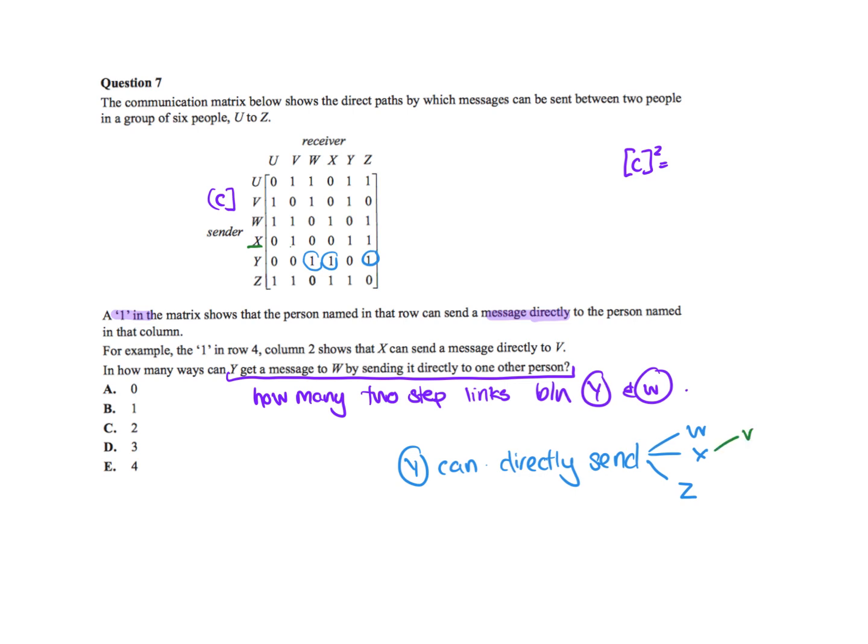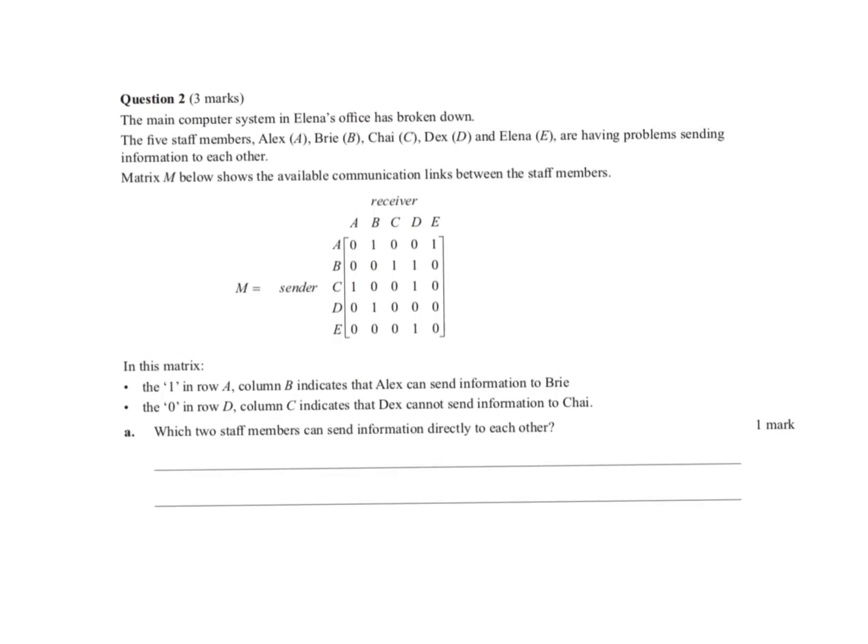It can only send it to V, Y, and Z. Can Z send it to W? No. So Z can only send it to Y, V, U, and X. So how many two-step communications are there between Y and W? What is the answer, boys? 0. That's correct.